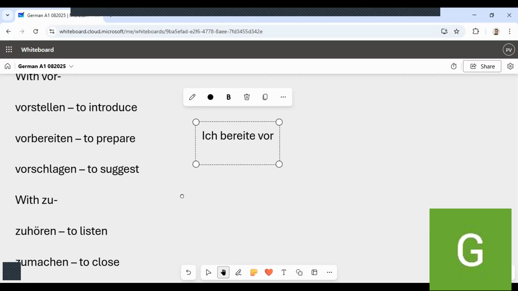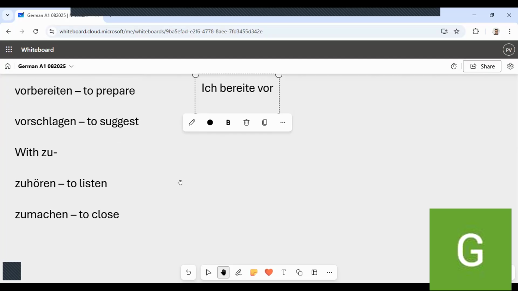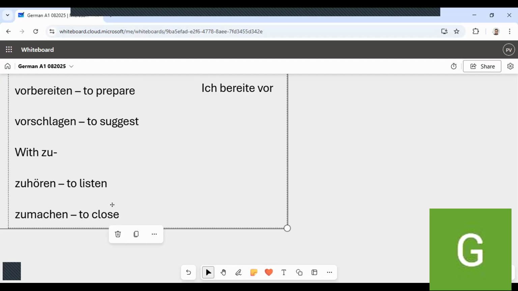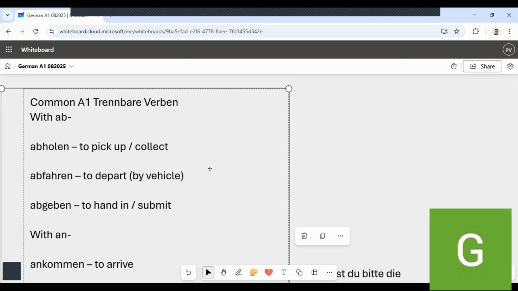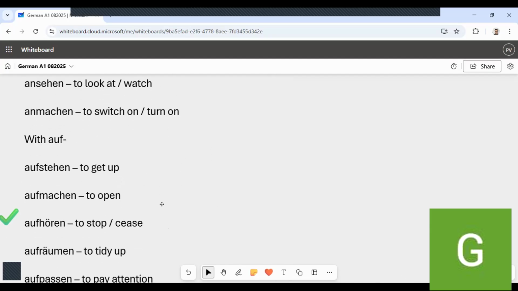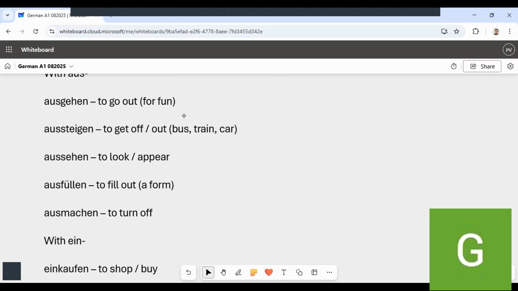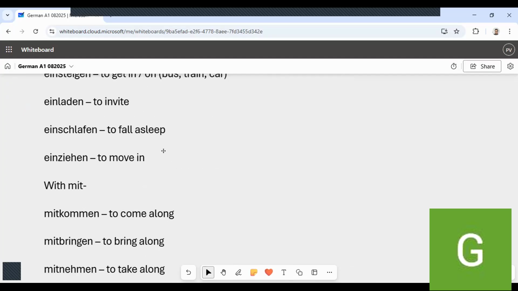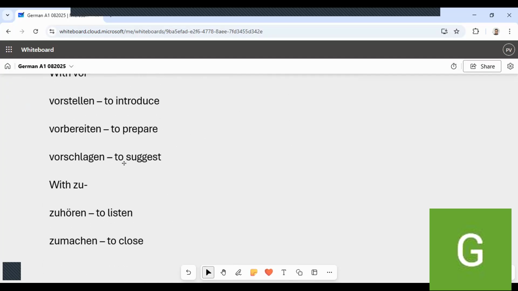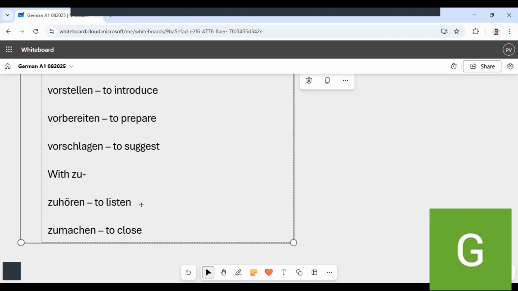Vorschlagen means to suggest. Zuhören means to listen carefully.